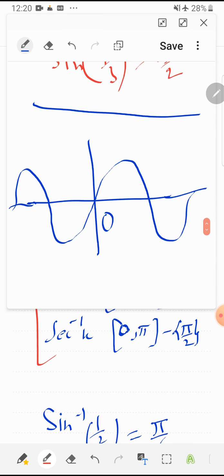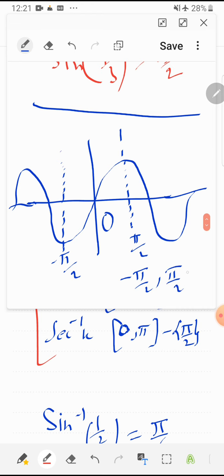Now we know that sine x is a periodic function. The domain of sine x is the real numbers, so if I cut this much portion from the domain of sine x, that is minus pi by 2 to pi by 2, then this portion of the real numbers will include every element of the range.